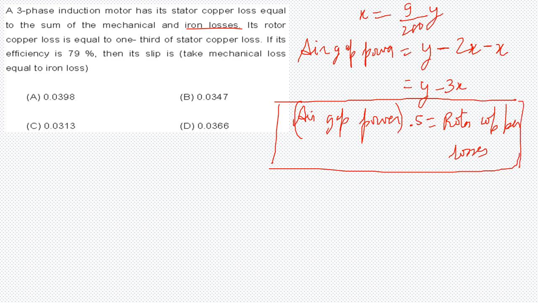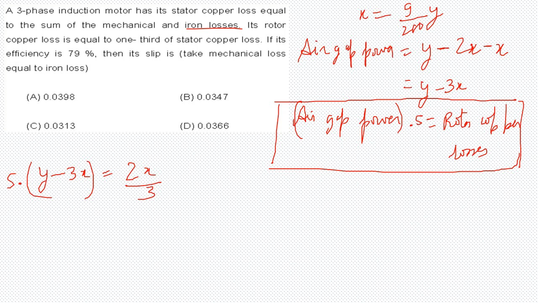So the air gap power is y minus 3x, and s times this power, the slip at which the motor is operating, gives the rotor copper losses, which earlier we calculated were 2x by 3.